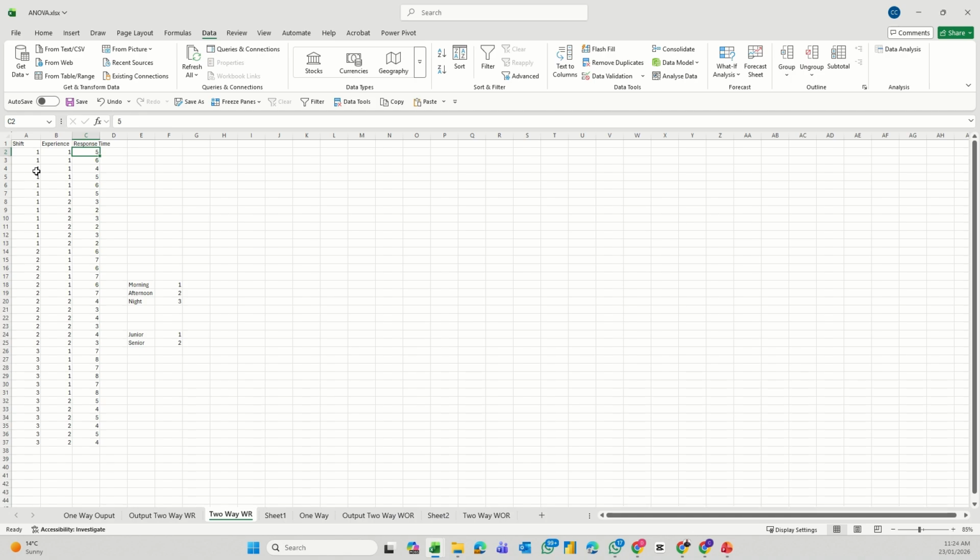I think I will allow you to build this one. Yes, this is two-way ANOVA with replication.